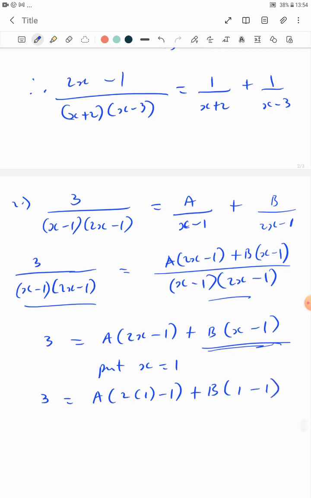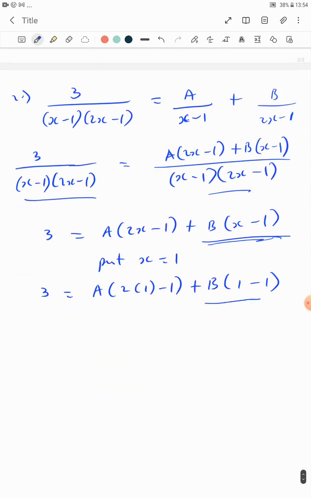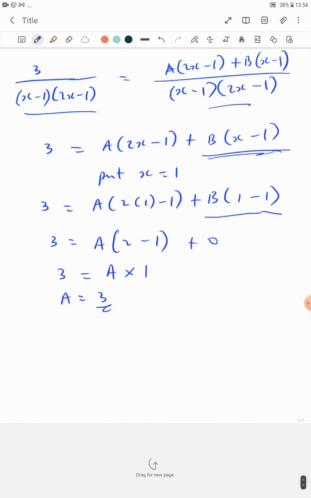Like I said, you don't have to be writing this since you know that it will become 0. So that will be 3 equals a bracket 2 minus 1 plus 0, and that will make it 3 equals a times 1, which would definitely make a equal to 3. So our a is equal to 3.